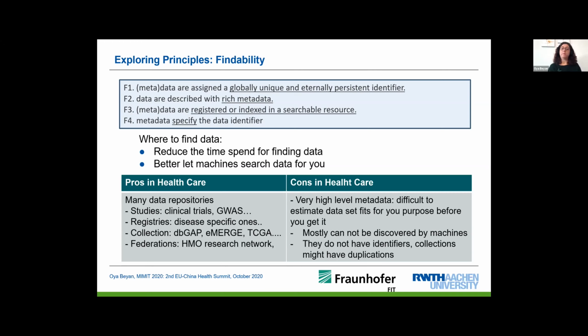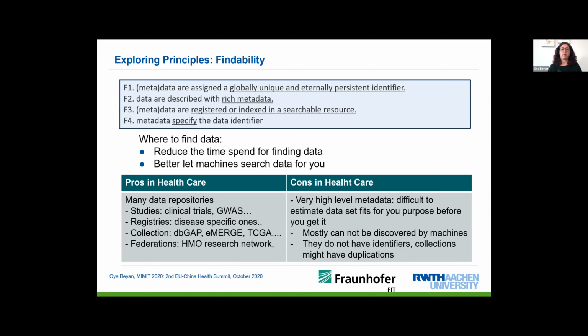In the healthcare domain, we have many data repositories. This is an advantage for us. We have studies, clinical trials, disease registries, and different collections such as dbGaP, eMERGE, TCGA, and we also have federations of those studies and collections such as the HMO Research Network.